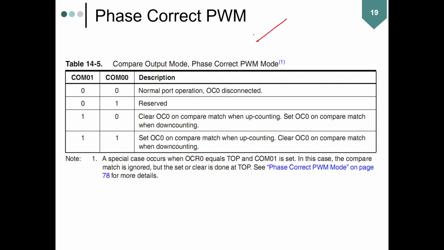So it counts from 0 to 255, and at the maximum it starts to count from 255 to 0. Once the comparison occurs, if it is up counting, OC0 is cleared, and if it is down counting, OC0 is set to 1 when the bits are 10. The opposite occurs when the COM01 and COM00 bits are 11.